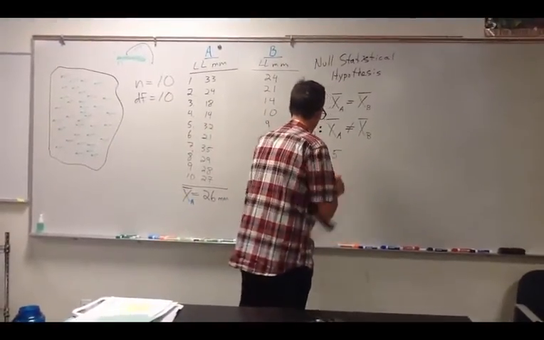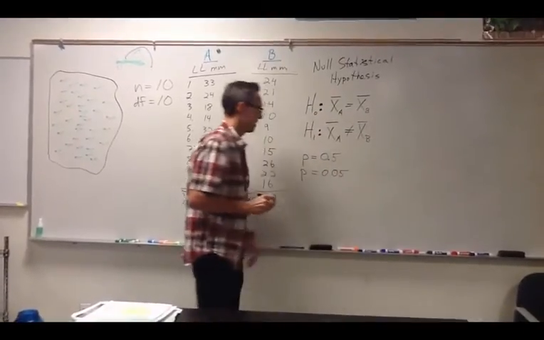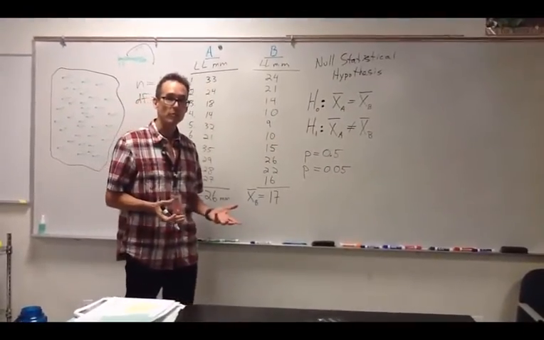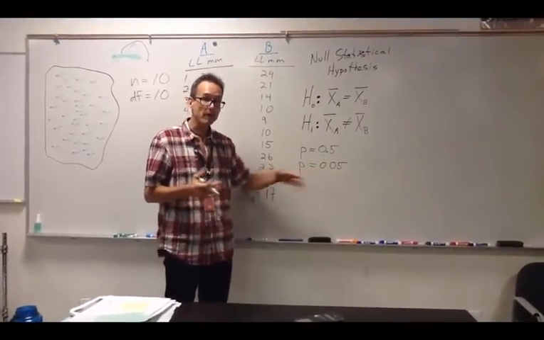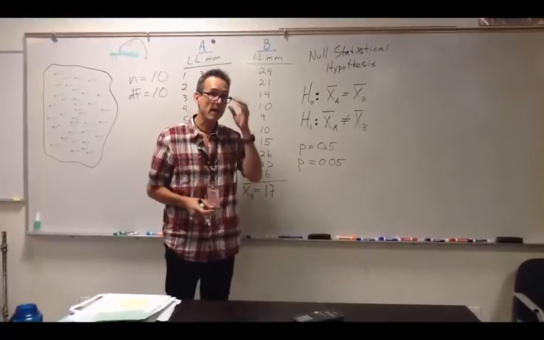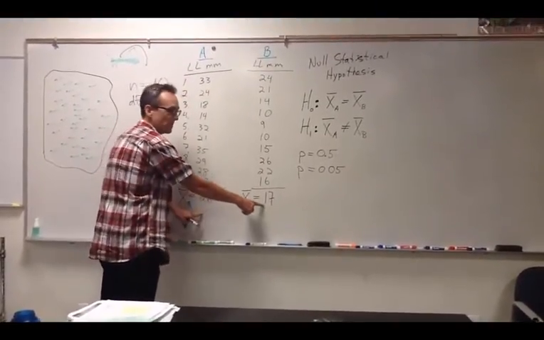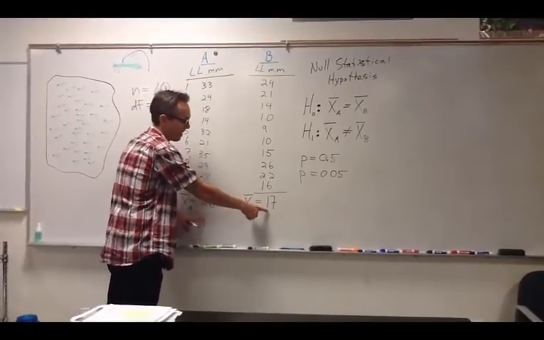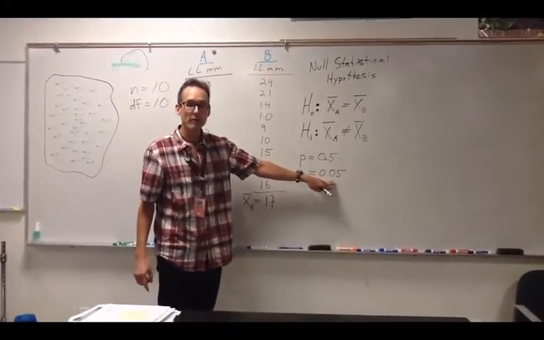What about a 1 in 20 chance, or a probability of 5%, or a probability of 0.05? Am I comfortable with that? Actually, I am. I'm comfortable concluding that these two means are different if the probability that I got them by accident is 0.05.